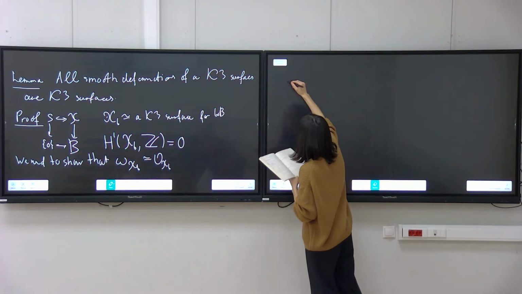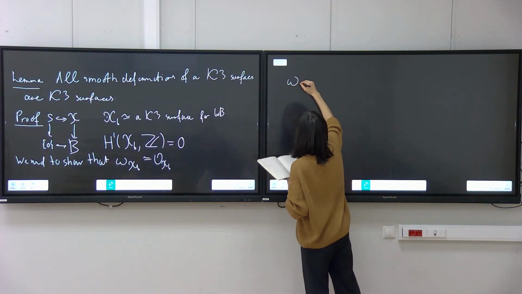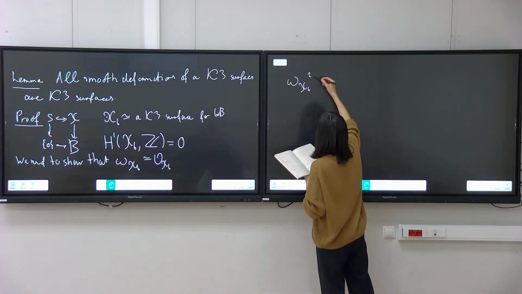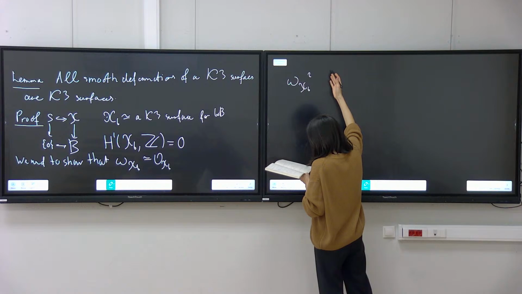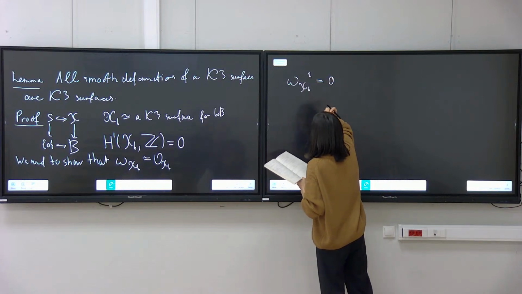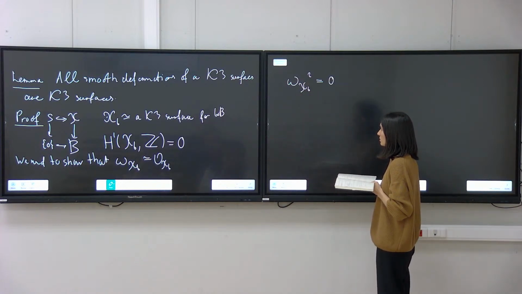First of all, if we take the self-intersection of the canonical bundle with itself, then it will be 0.